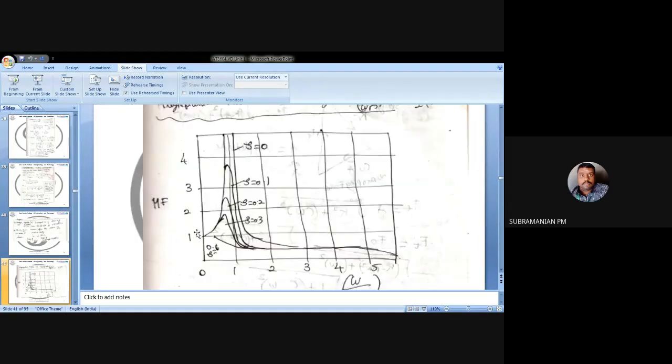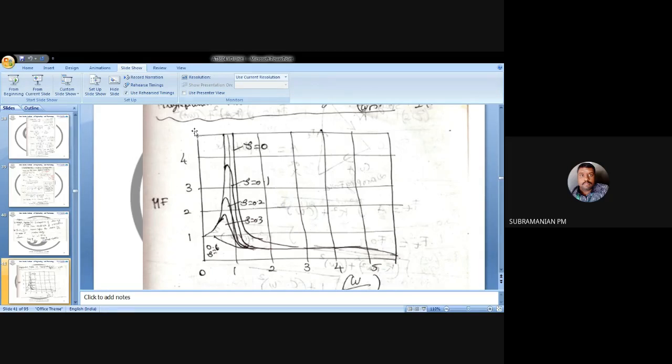We are going to plot a curve with magnification factor on the y-axis. In a theory exam, you should be drawing this curve. Since it is objective, the curve will be given to you, and they may ask questions.